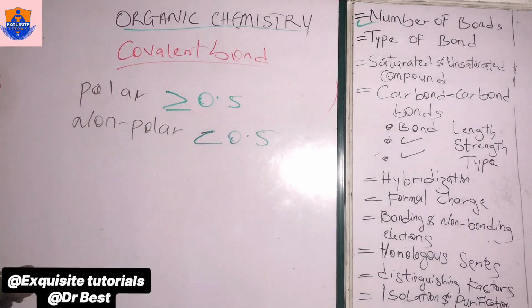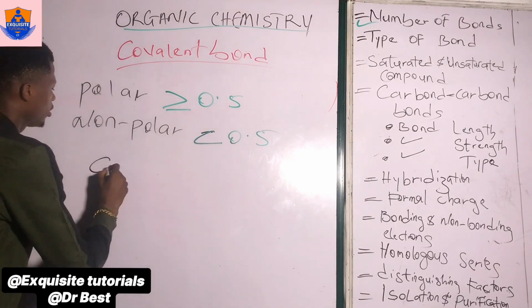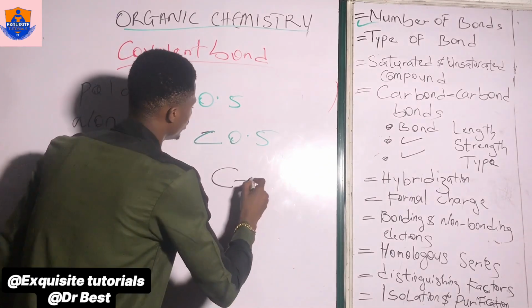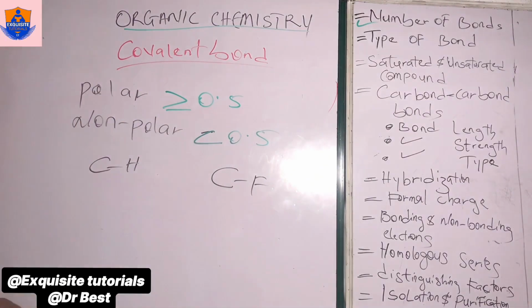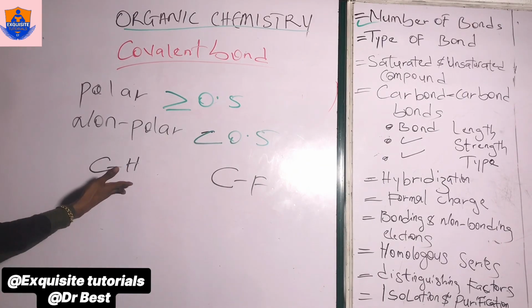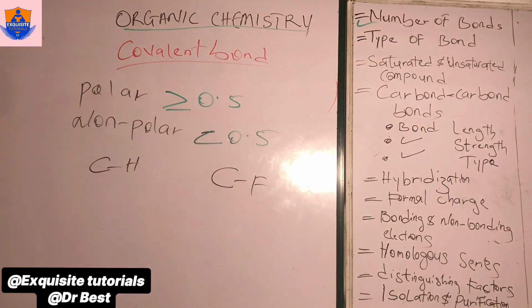Now let's say, for example, I give you a bond between carbon and hydrogen, and I give you a bond between carbon and fluorine, and I ask you, which of these is a polar covalent bond and which of these is a non-polar covalent bond?